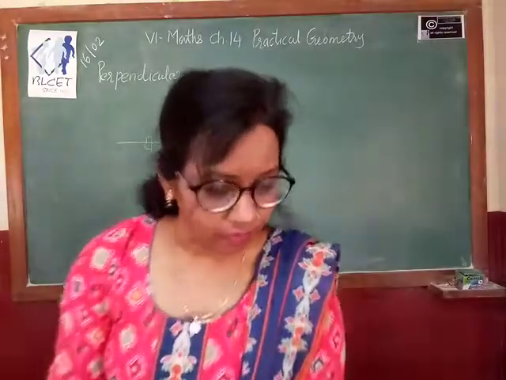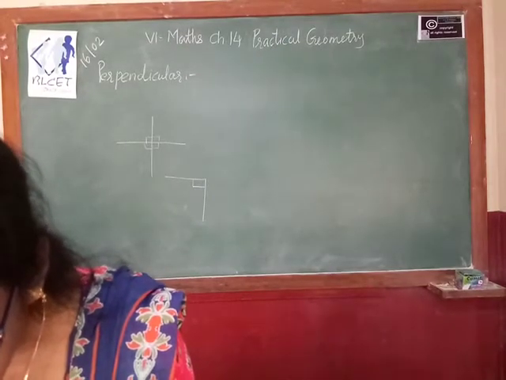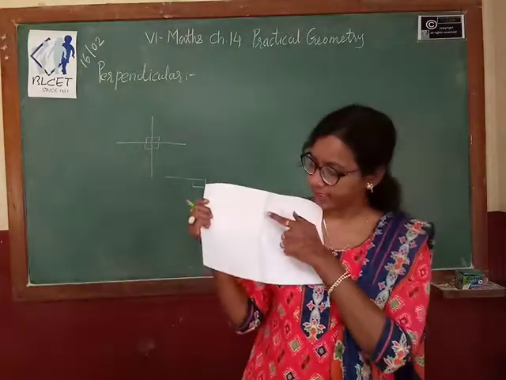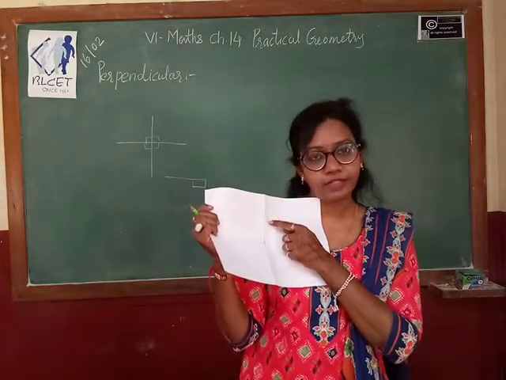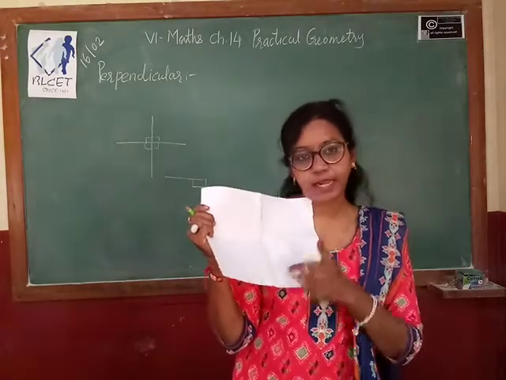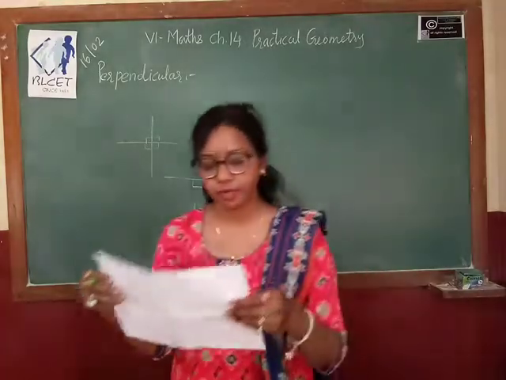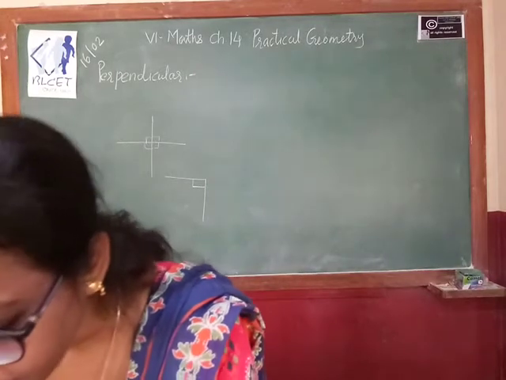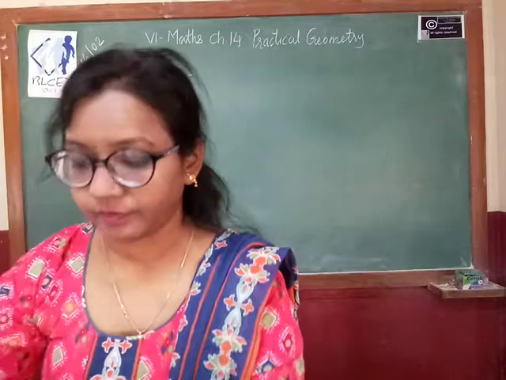So how will you draw? I mark a point Q on the line that you can see here. I want to draw a perpendicular which is passing through Q, and which is perpendicular to this line. How will you do it? At point Q, you have to fold the paper again.